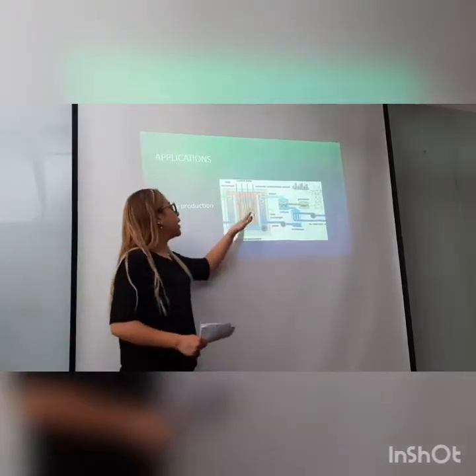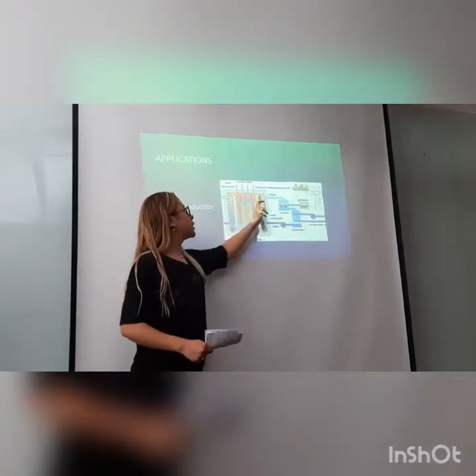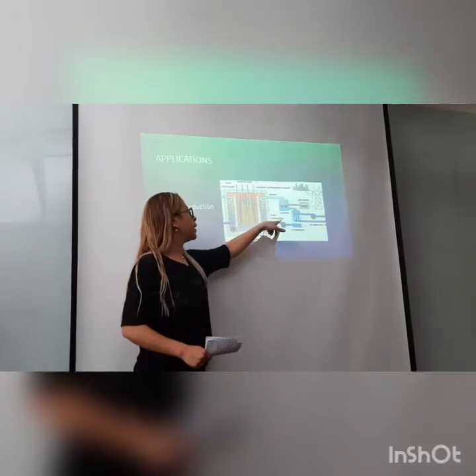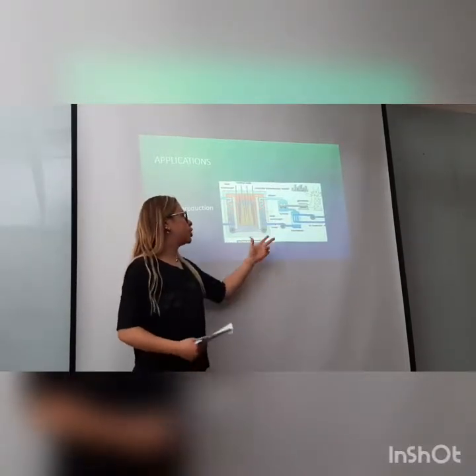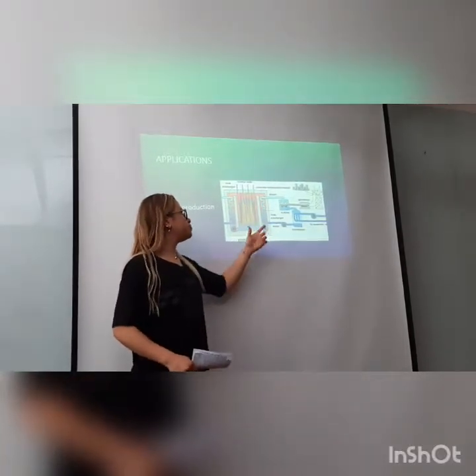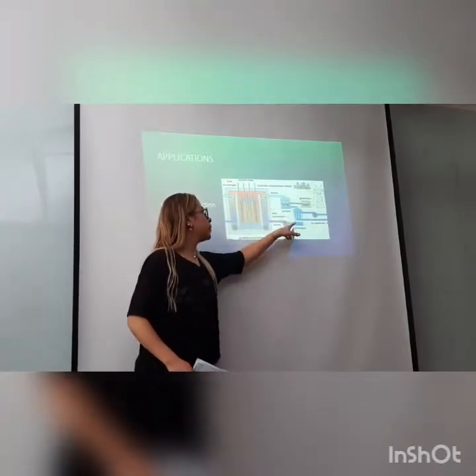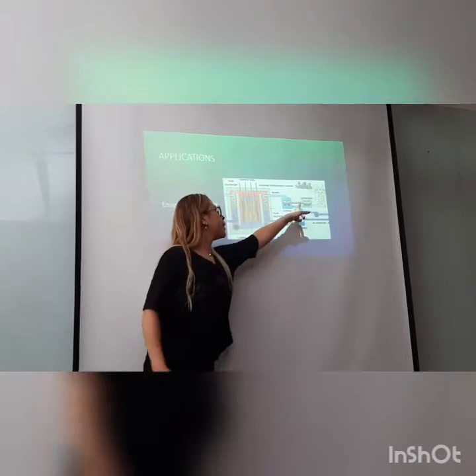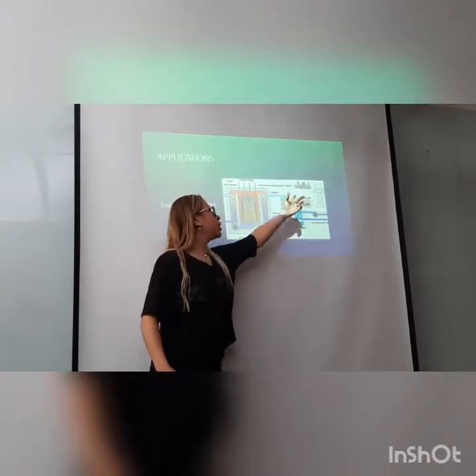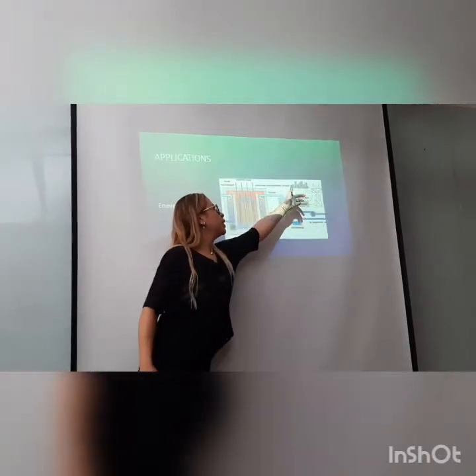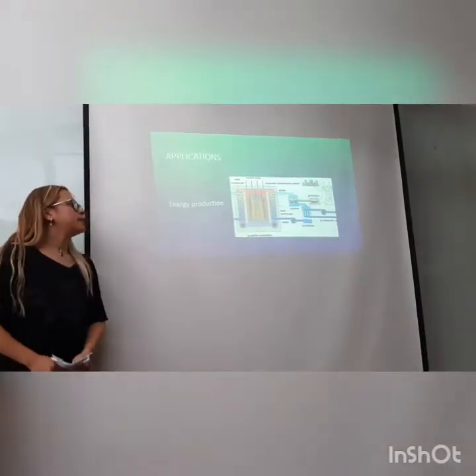Later, this water is going to pass by a steam generator, and first of all pass through the heat exchange so we get the steam, and it's going to pass by the turbine, and finally it's going to pass by a generator and go to the energy and go to the city.